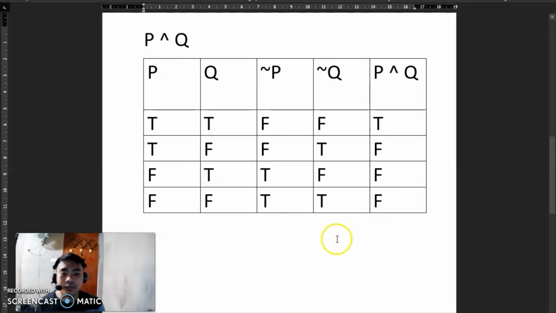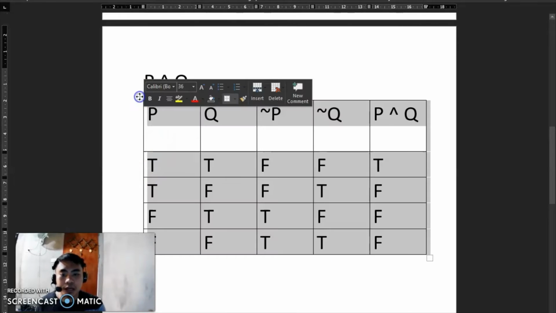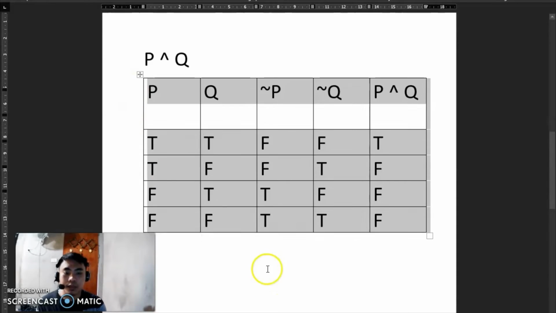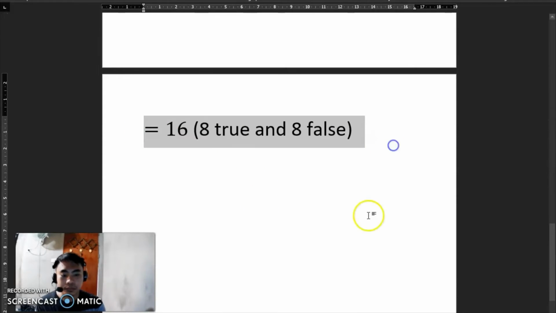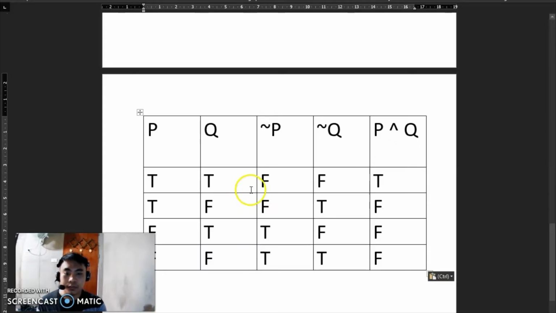Okay, next. Copy lang po natin ito. Then, after natin sa conjunction, punta naman tayo sa disjunction.